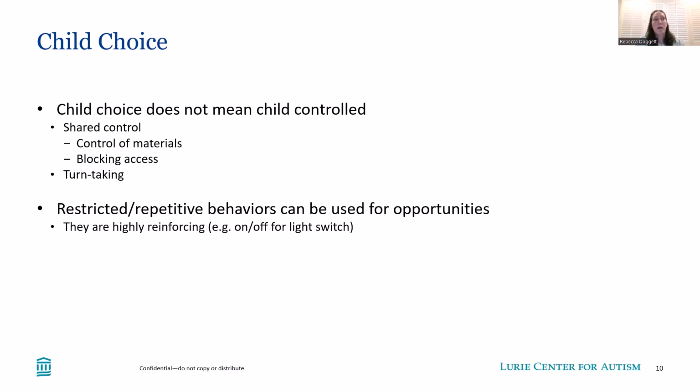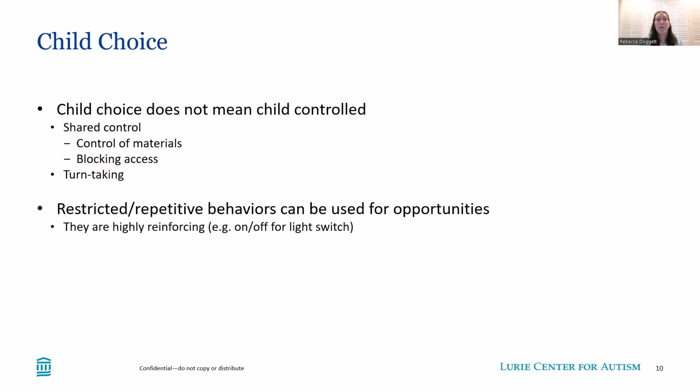So for example, a child might be very interested in turning on and off the light switch. That's a really preferred activity. They really enjoy it. Okay, let's go with that. Let's go with that preferred activity, but use it to try and create some ways for them to learn some social communication skills within it.